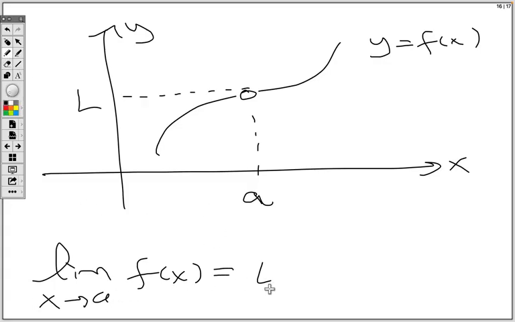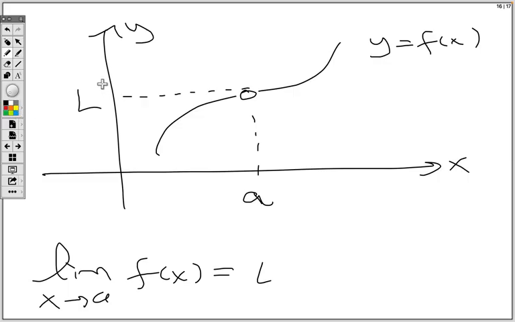The f of x's are getting close to L, but the y's are the f of x's, so we're looking at the y's getting close to L. So to actually prove this is the case, we have to show that we can get the y values as close as we want to L by getting the x values close enough to a. So how close is close?